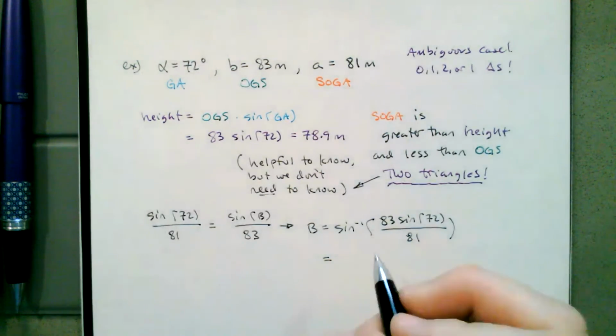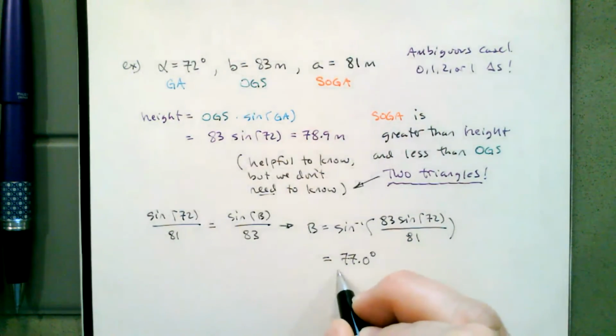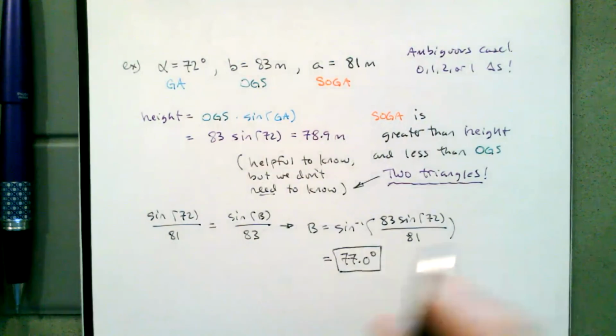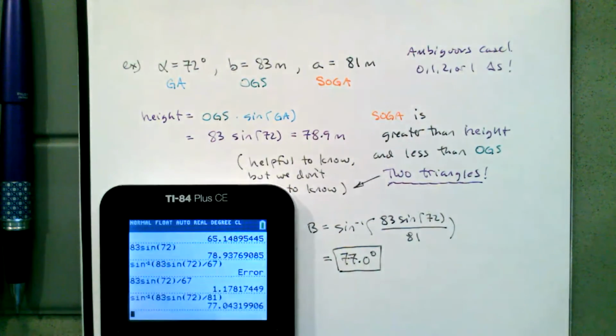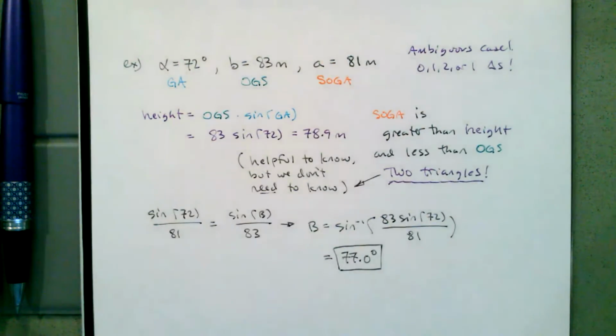That's only one angle, and we should have two values of beta. Notice that what we calculated here, if I take out the sine inverse parts, we're doing sine inverse of 0.975. We use the sine inverse, which means we found a reference angle.